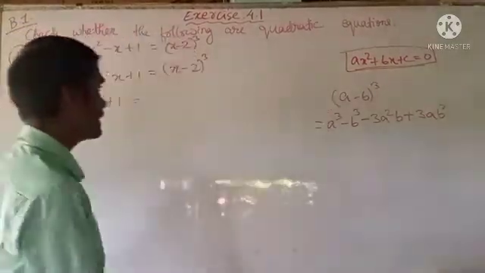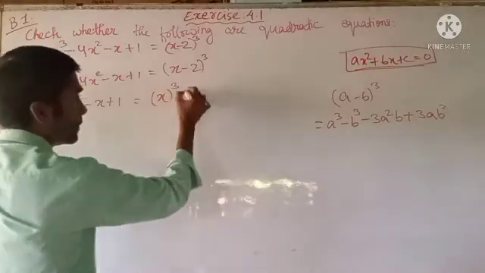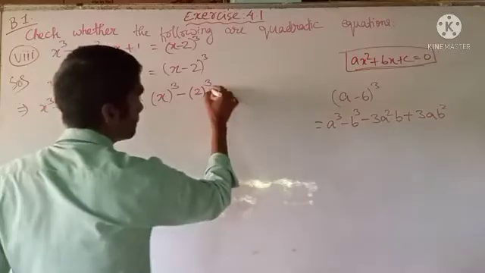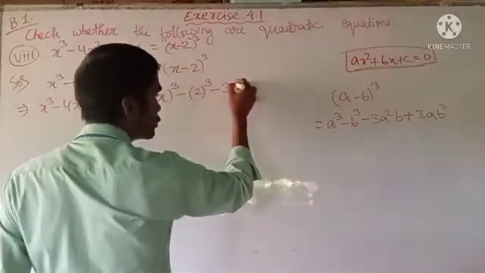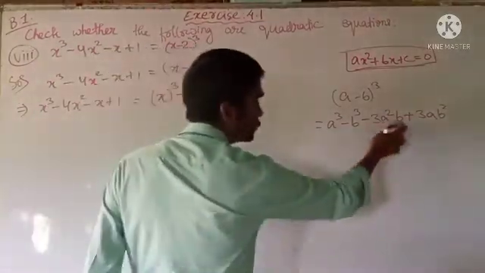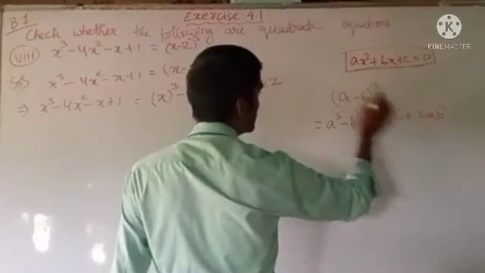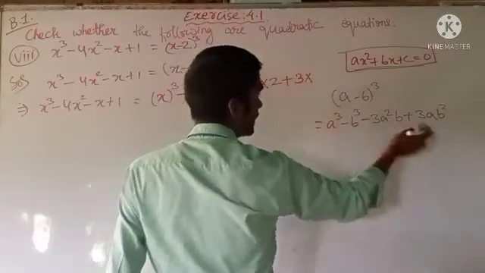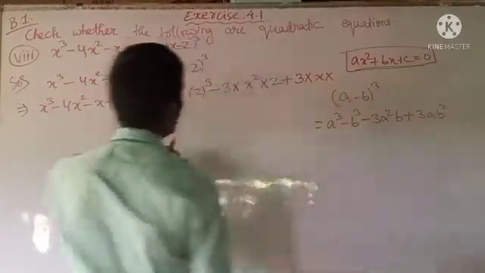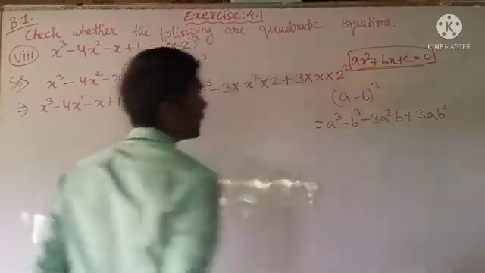So we will use this formula, that is a is here x, so x cube minus b, here it is 2, so 2 to the whole cube minus 3 into a square, that is x square into again b, here it is 2, so 2 again plus 3 into a, here it is x, so x into again b square, b here it is 2, so 2 is 2 square. So we got in this way.